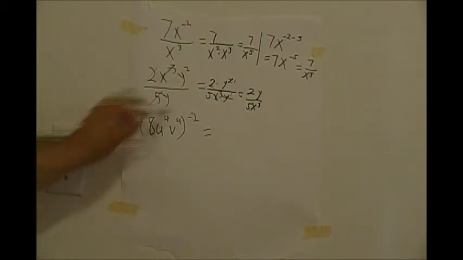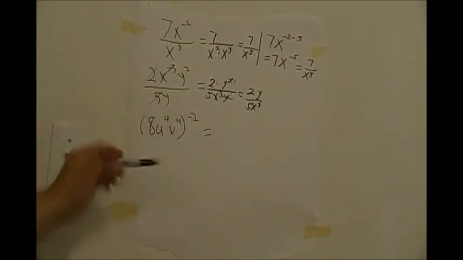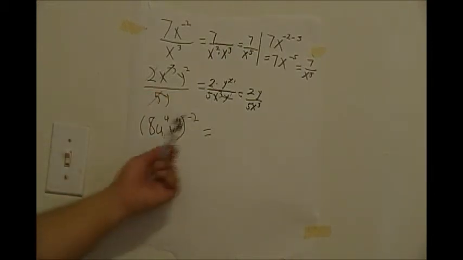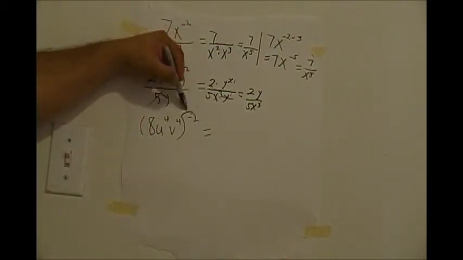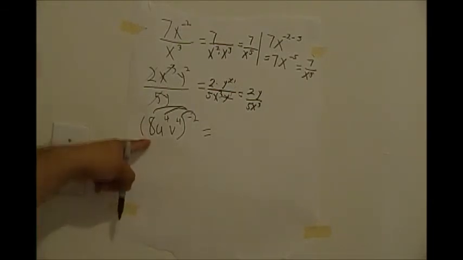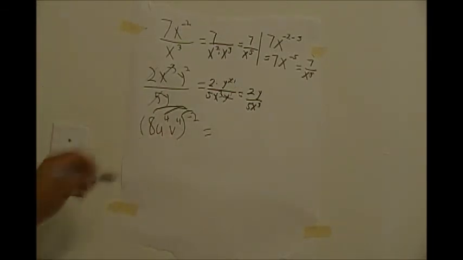Okay, finally let's look at this one. This one, we use the power properties. So again, let's distribute to each one of these parts of the monomial.